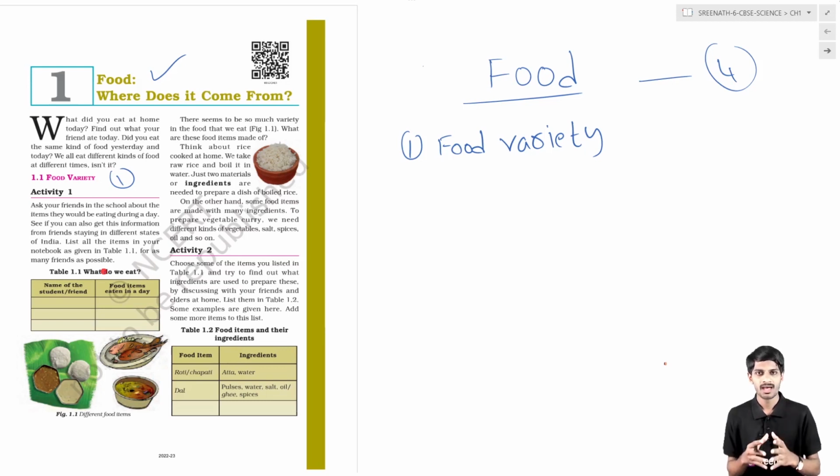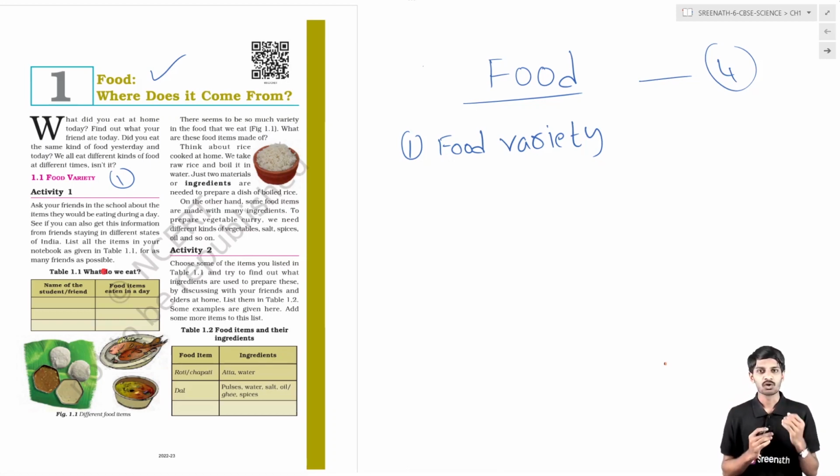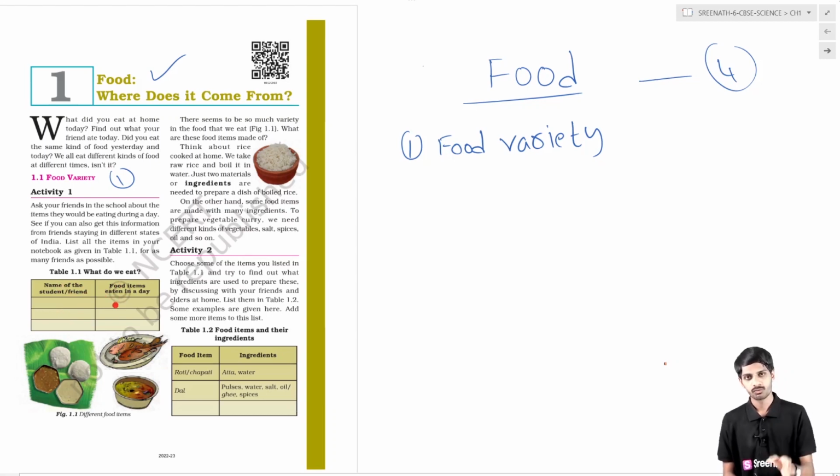Basically we like bakery items and fast food, like that. Many of us may like sweets, many of us like biryani. So there are so many different delicious foods, different varieties of foods available, and many of us like many foods. So it is just an activity you can do if you wish. Write the name of the student or friend, and what foods he or she has eaten in a day.